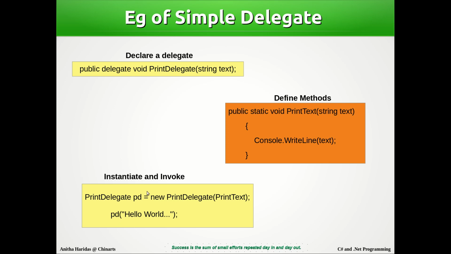Then you invoke the method just by using the delegate reference. PD is the delegate reference, and the string to be passed to the method can be passed as an argument to the delegate instance. So this is how we define a simple delegate.